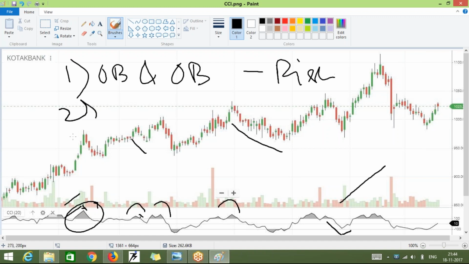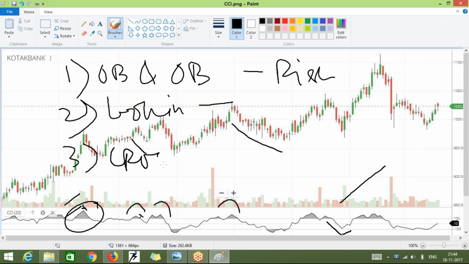The second one is looking at the curve. Here, after the stock has reversed towards a particular level, you take the trade. And the third one is the crossover, which is actually much less risky, but again you might not gain many points by trading these crossovers.